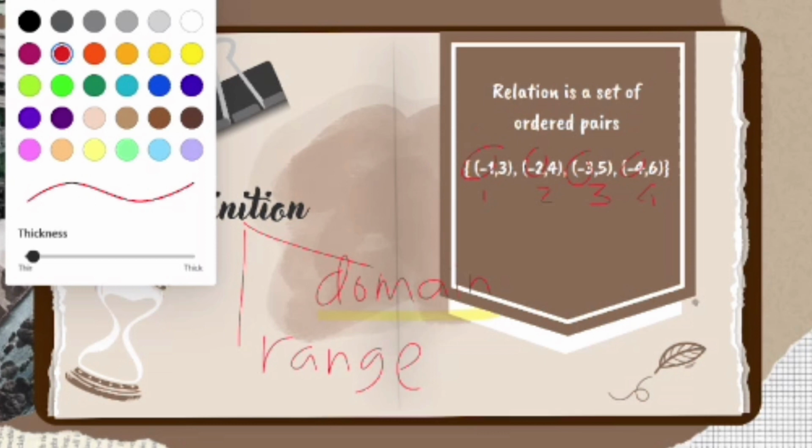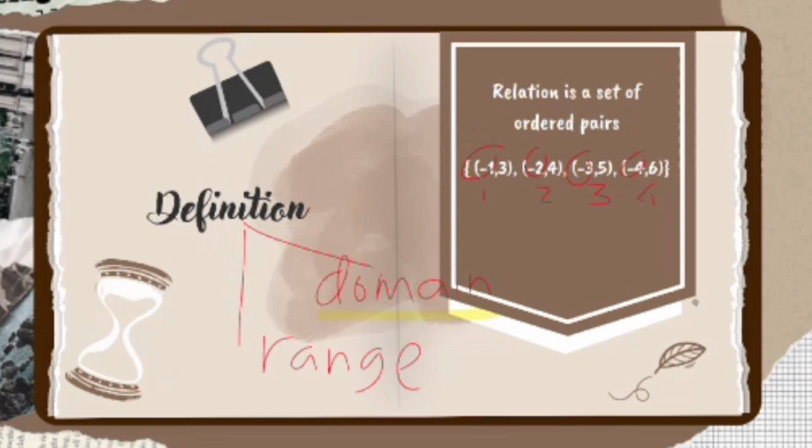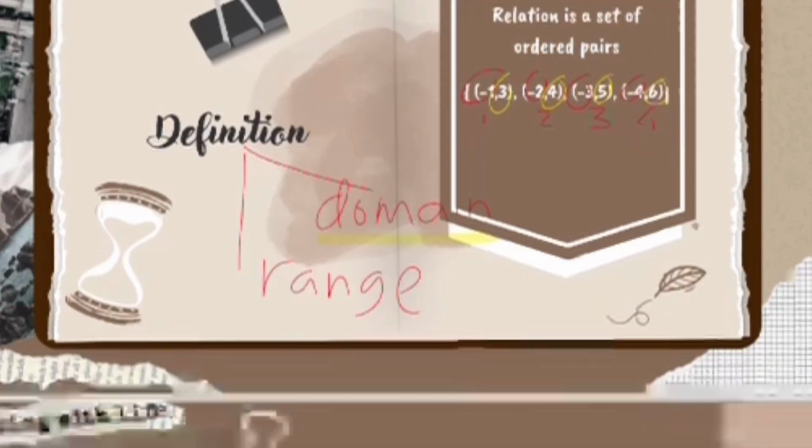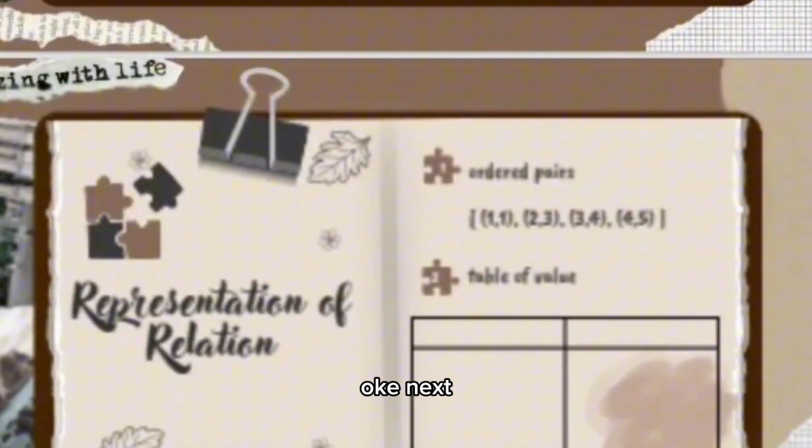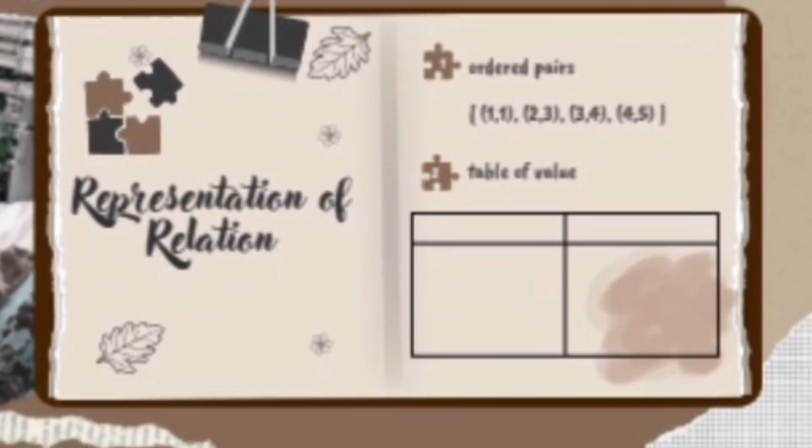And the range, or Y, is the set of all second coordinates, and from the example we have 3, 4, 5, 6.